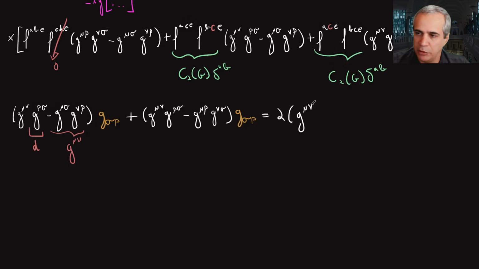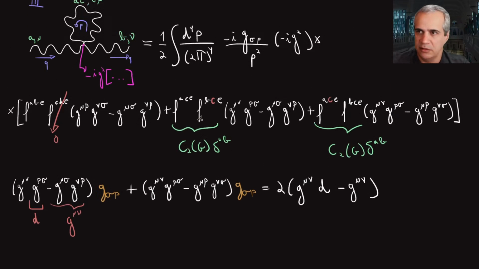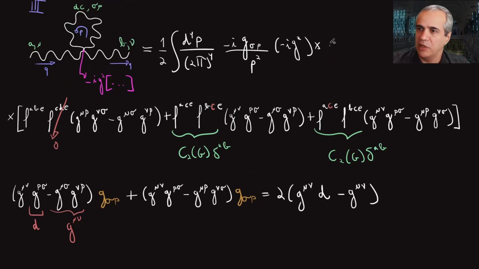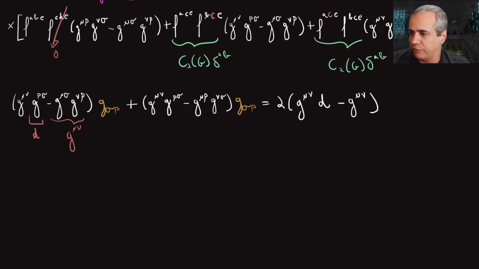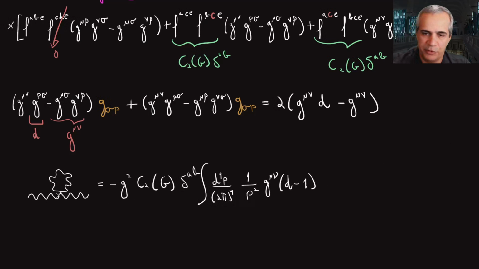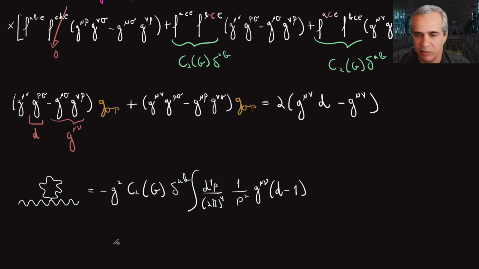So this becomes just 2 g mu times D for the first piece, and just minus g mu for the second piece, and there's a factor of 2 because of these two terms. These can be straight out put here. Just have to take the g out, and I get a pretty simple expression for that loop number 3 that we are calculating now.